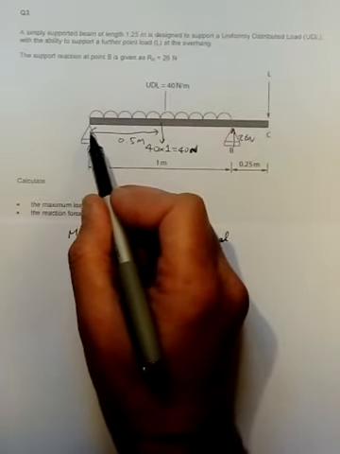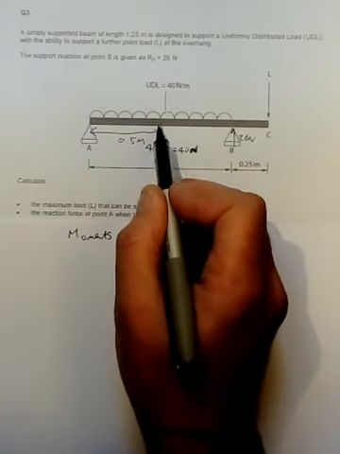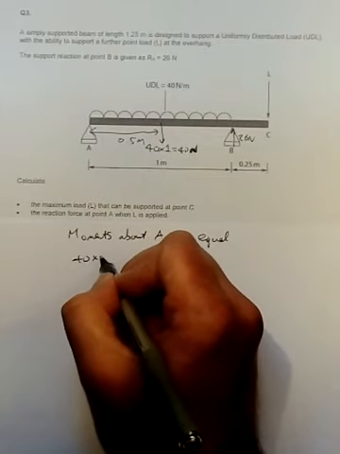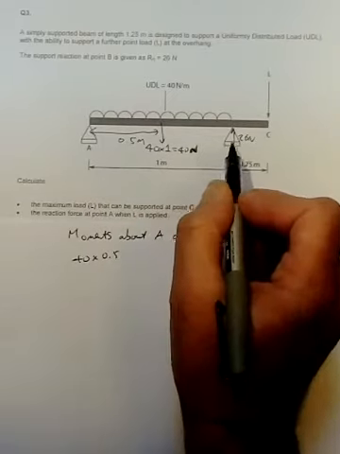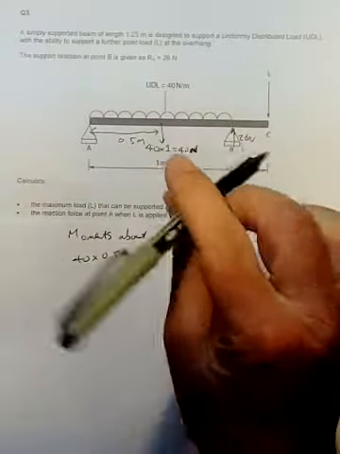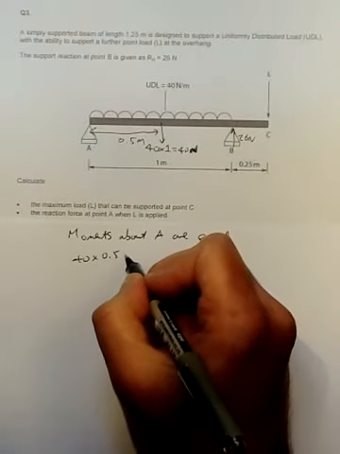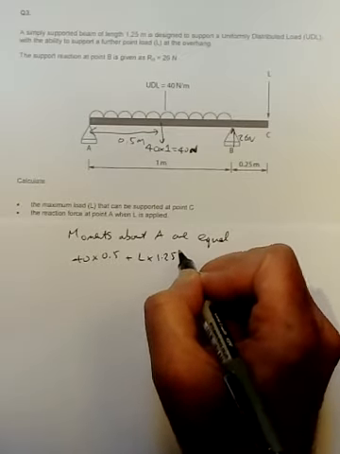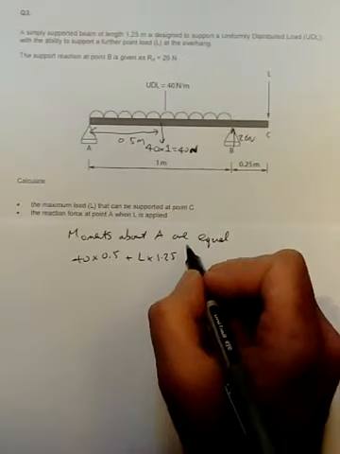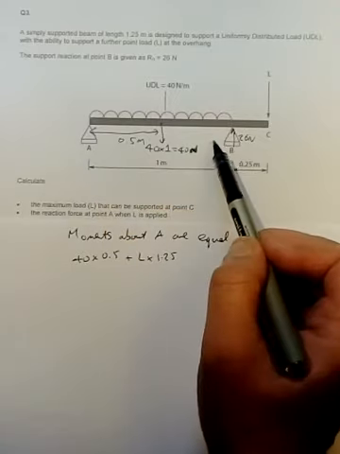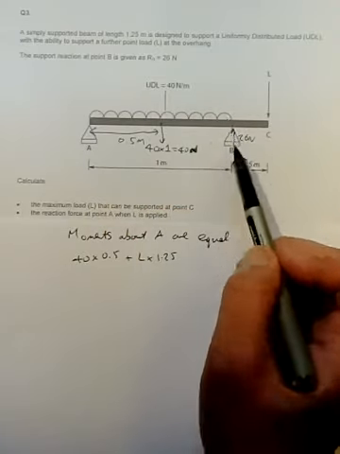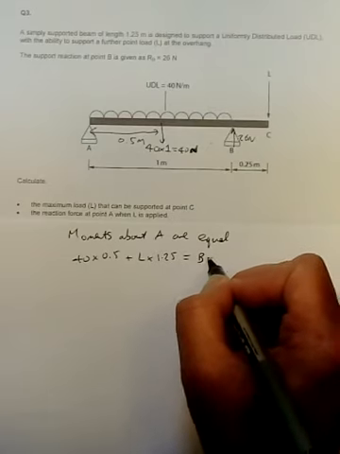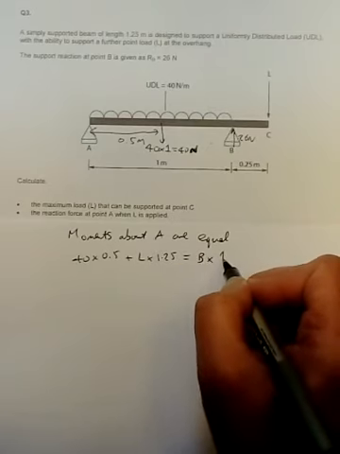We've got a clockwise moment of 40 newtons times half a meter. We've got another clockwise moment, this one here, which is the load times 1.25 meters, and that's going to be balanced out by an anti-clockwise turning moment of B, and that acts at 1 meter.